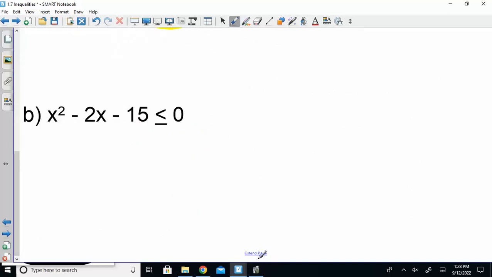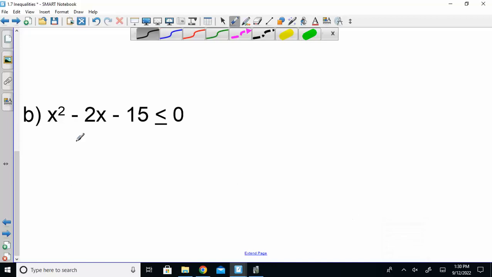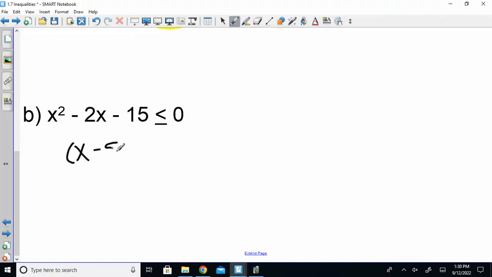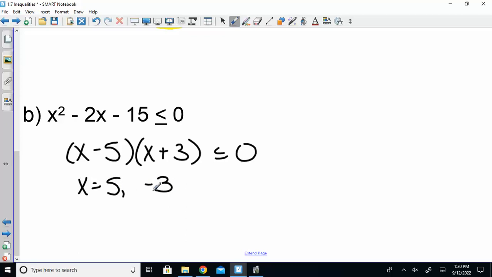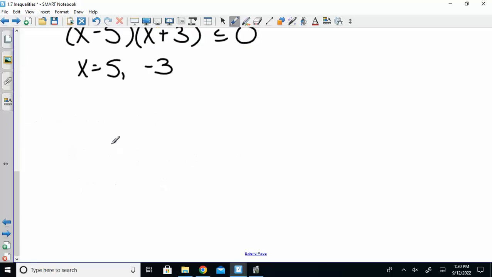Let's try this. Why don't you guys try this one actually? So did you get 5 and -3 for the places where it hits the axis? Yep. Okay. Then when you looked at the graph, it looked the same.